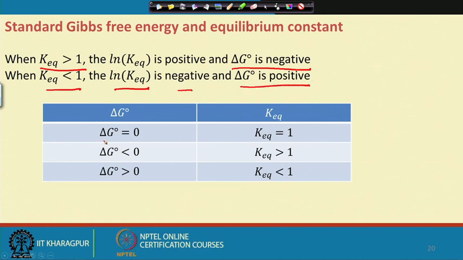If the standard free energy change is 0, then K is 1. If del G is less than 0, then K is greater than 1, and when del G is greater than 0, that is positive, then K is less than 1. This is how there is a correlation between the Gibbs free energy change and the equilibrium constant.